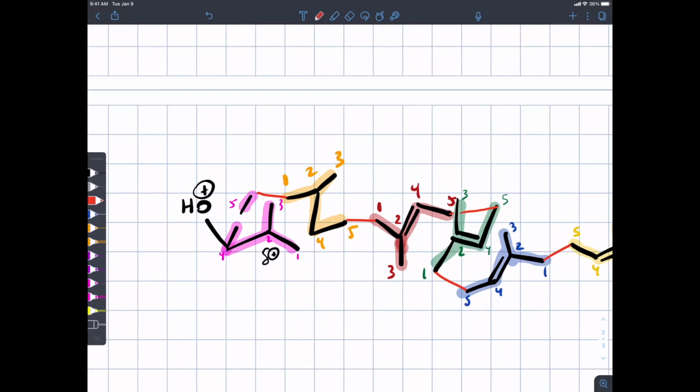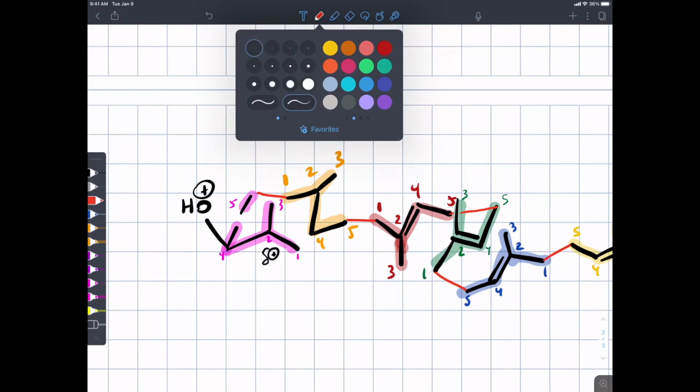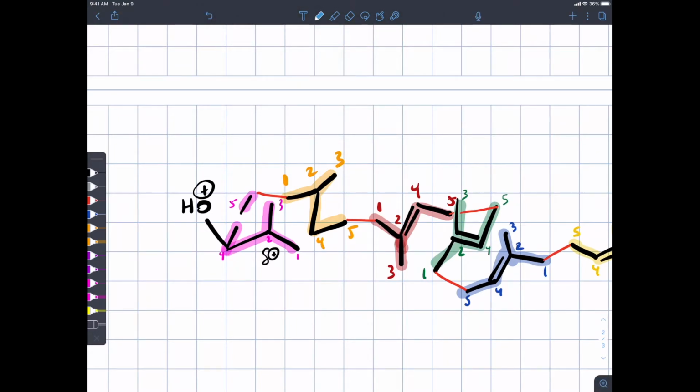So the new bond we just made, we'll use this blue color. And it might be helpful as we do that to redraw the carbons here. So we just made a new bond here. And that's our first 6-membered ring.